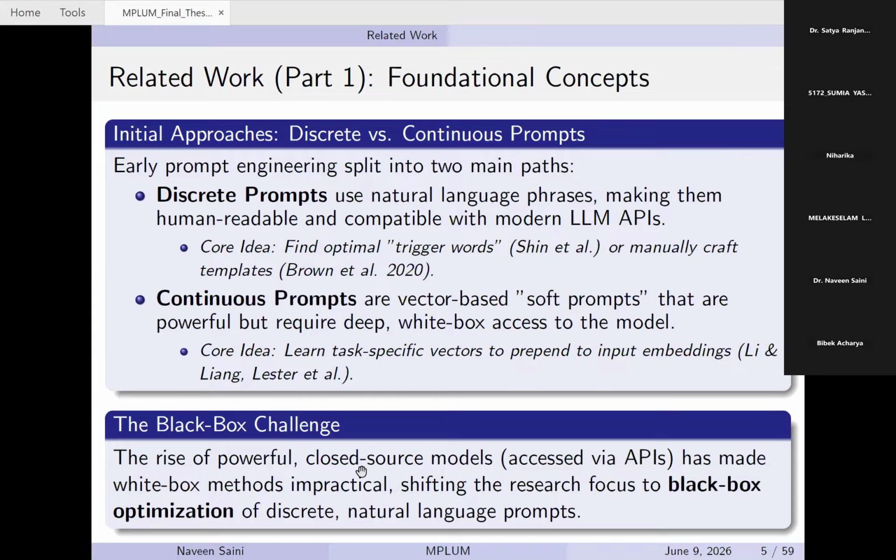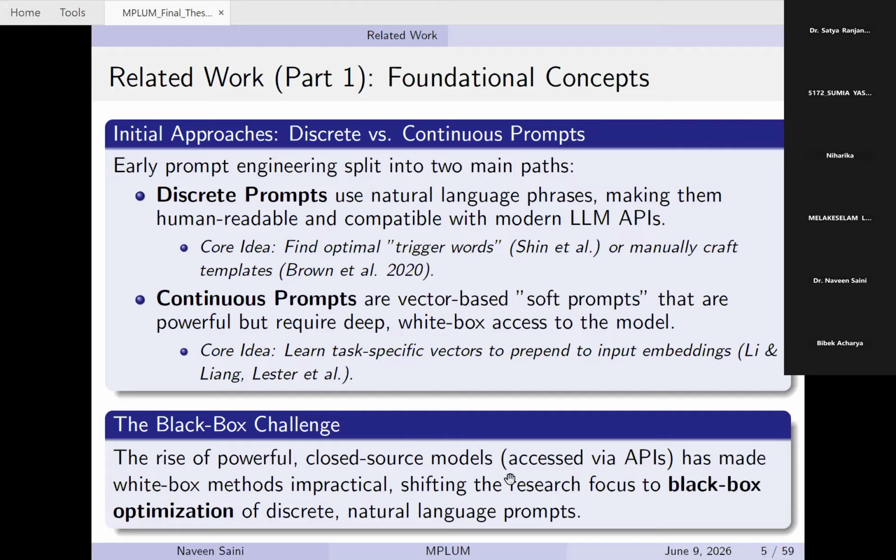Now the question is how we can believe in the black box. How will we ensure that whatever prompt is passed to the LLM is correct, not ambiguous, and grammatically correct?